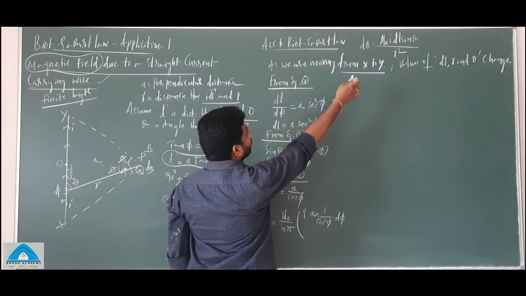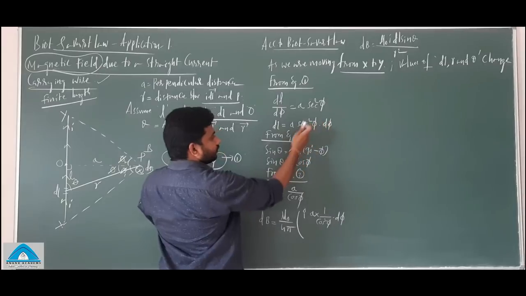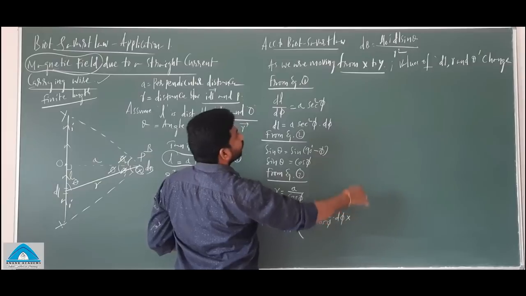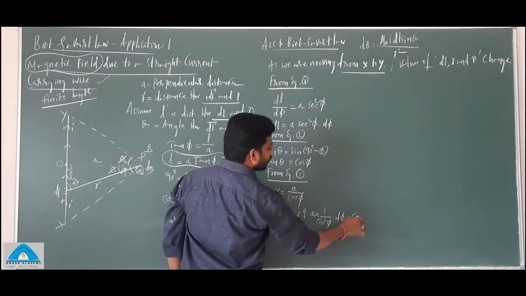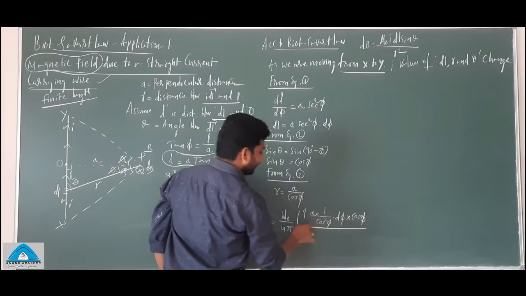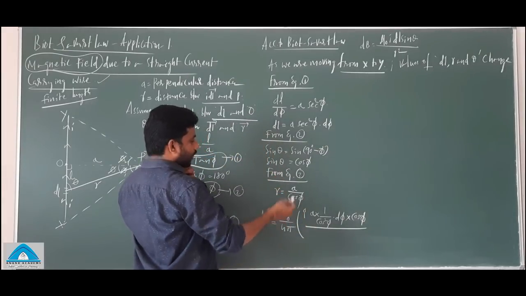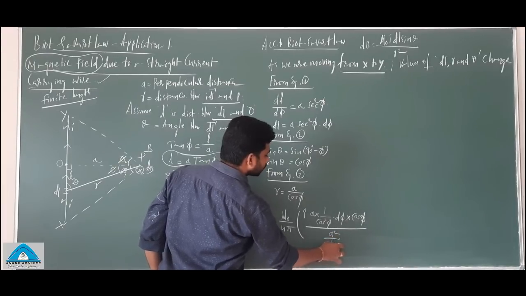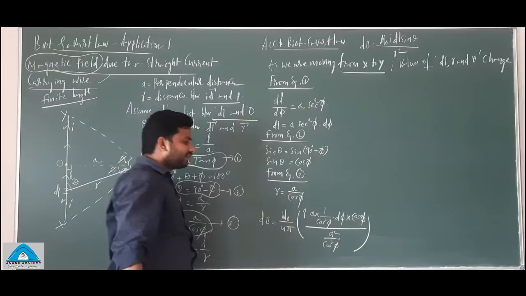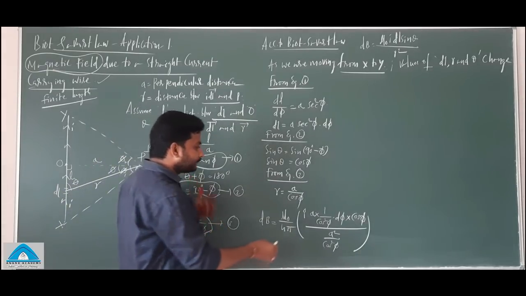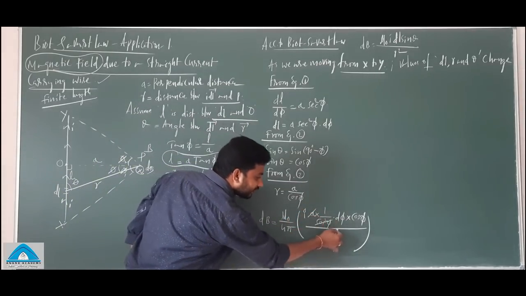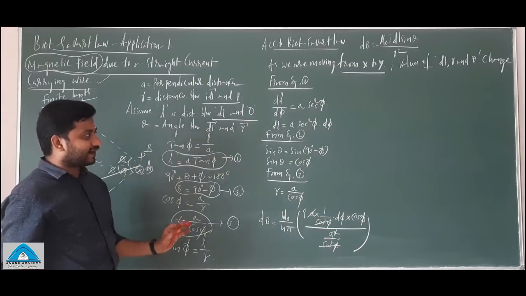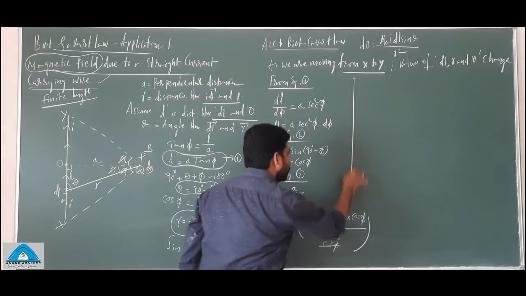Into sin theta, which is cos phi, divided by r square. R square you can write as a square by cos square phi, right? So whatever is remaining, you just write it. You can see here a by cos square phi, right? Whatever is remaining, I'm just writing carefully.